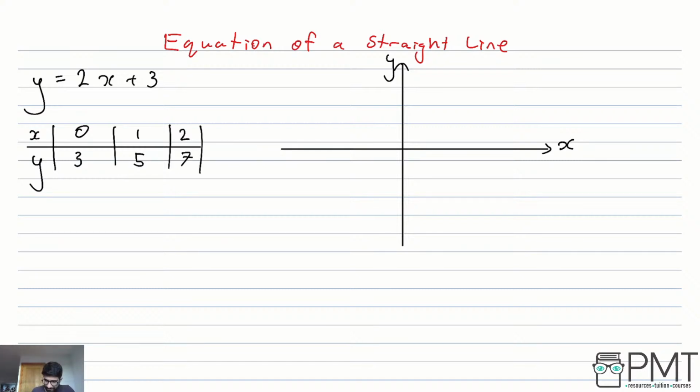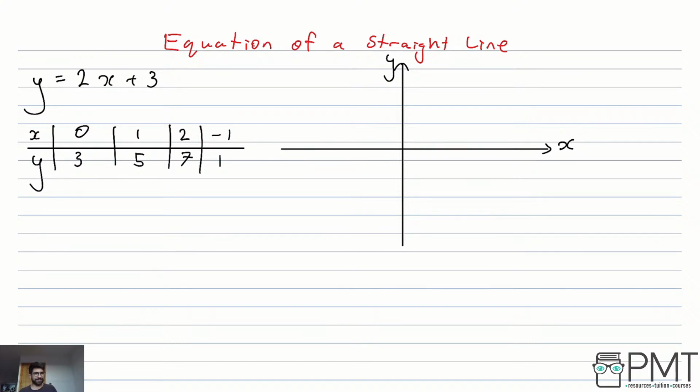So this is the idea of the equation of a line. It's going to tell us what y values we are going to get for each of the x values. You can put -1 in, you're going to get 1. So if you want to sketch this line, you can go on and actually plot these points.